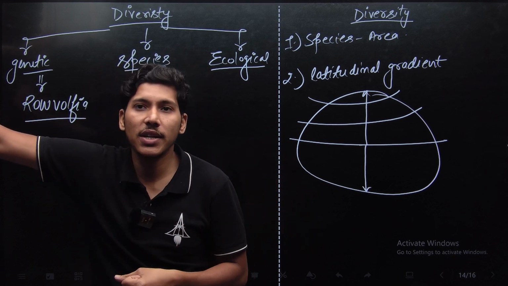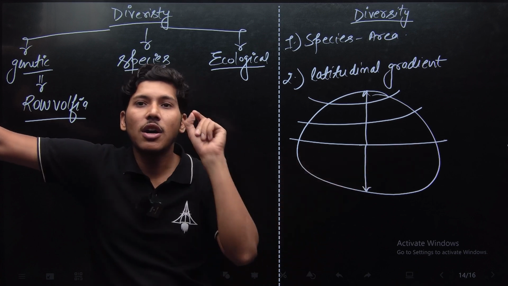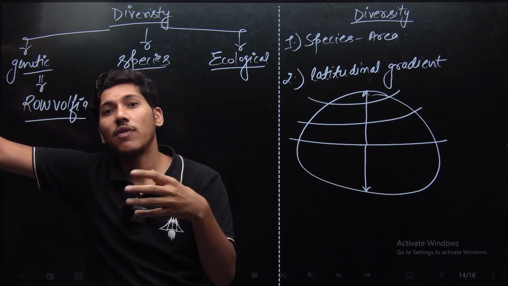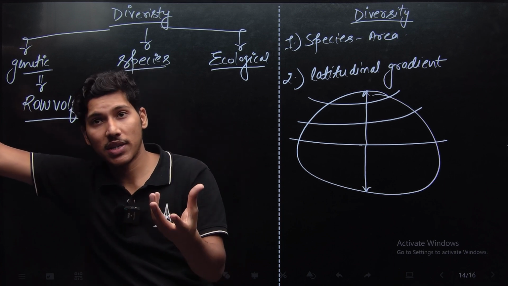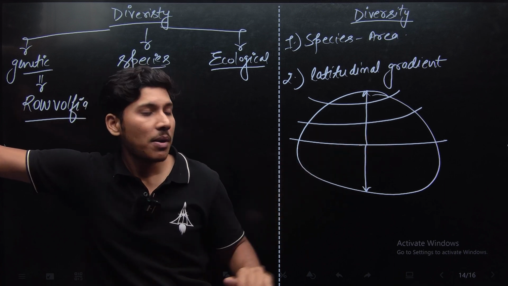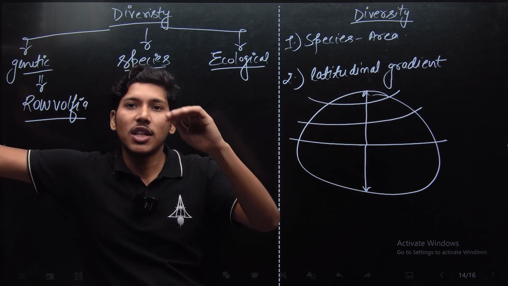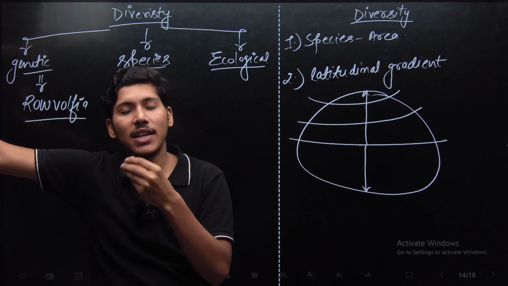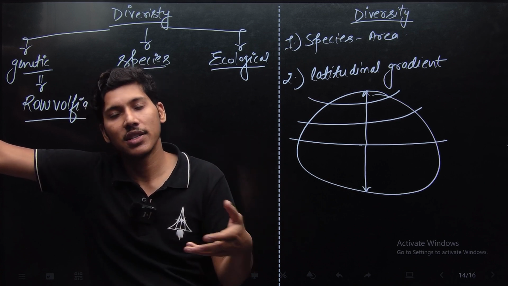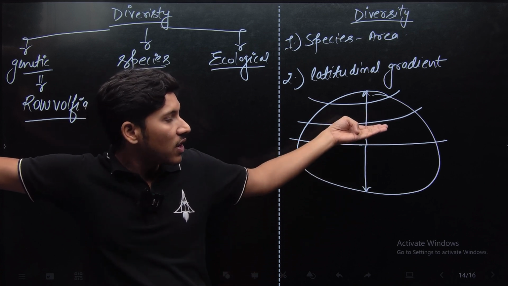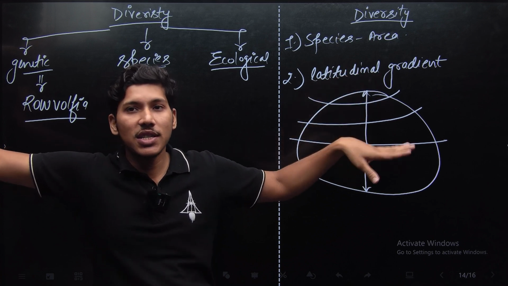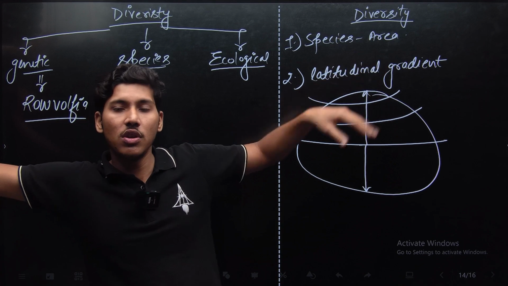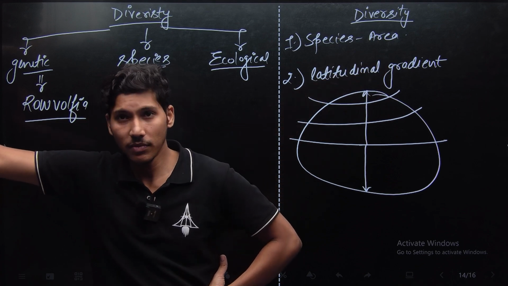So the equator is the most biodiverse area because of the presence of lots of energy and biomass at the equatorial level. But as we start to move towards the poles, the amount of biodiversity starts to decrease. This is a trend: biodiversity keeps on decreasing as we move from the equator to the poles. Okay, this is one thing.